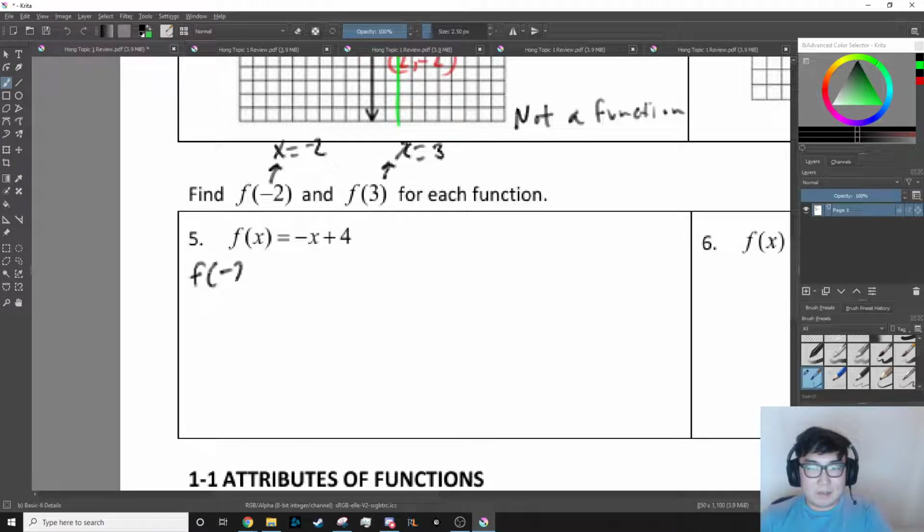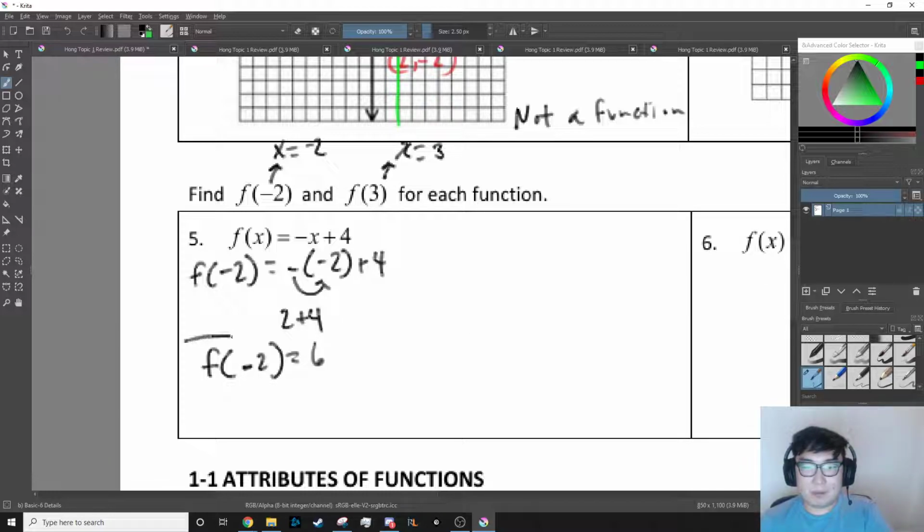So f of negative 2 is equal to minus negative 2 plus 4. Minus times a minus is a positive. So it's 2 plus 4, which is f of negative 2 is equal to 6.